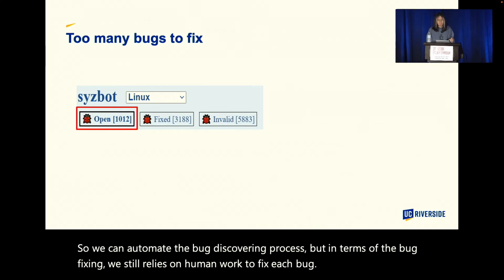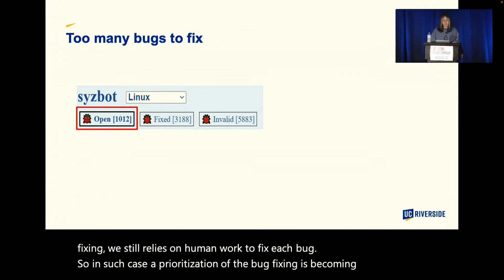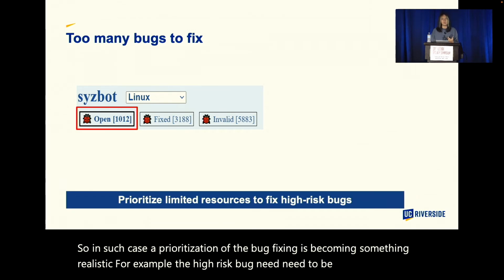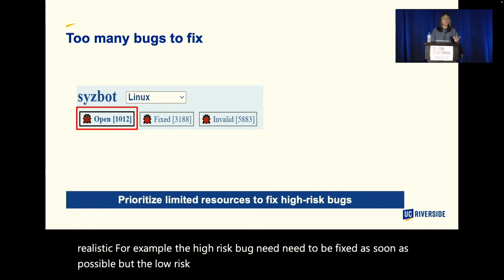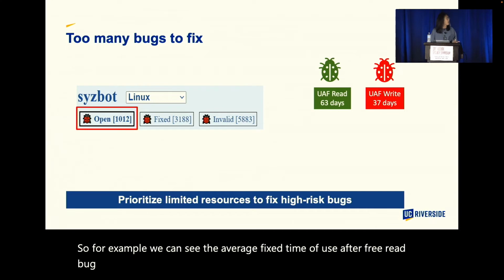In such a case, prioritization of bug fixing becomes realistic. For example, a high-risk bug needs to be fixed as soon as possible, but a low-risk bug can wait until someone is free to fix it. We can see the average fix time of a use-after-free read bug is 83 days, while for a use-after-free write bug it is only 37 days.